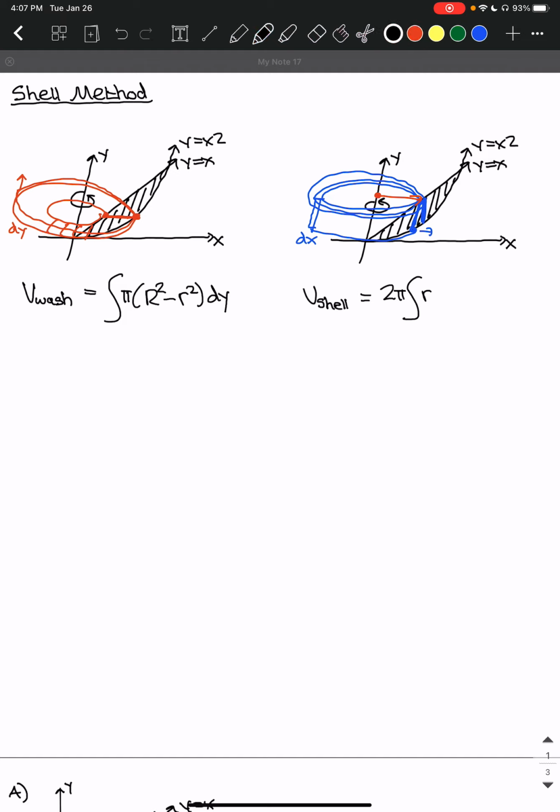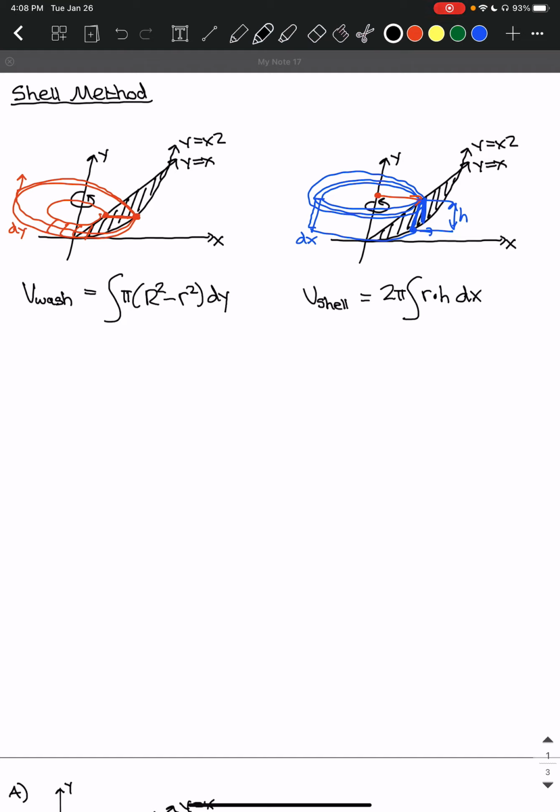And then to complete the surface area, we also multiply by the height of the shell, which is just the height of the strip that we drew. And then to give it a little bit of volume, we add a dx element to it. And so notice we're going to be integrating with respect to x. Everything will be in x.